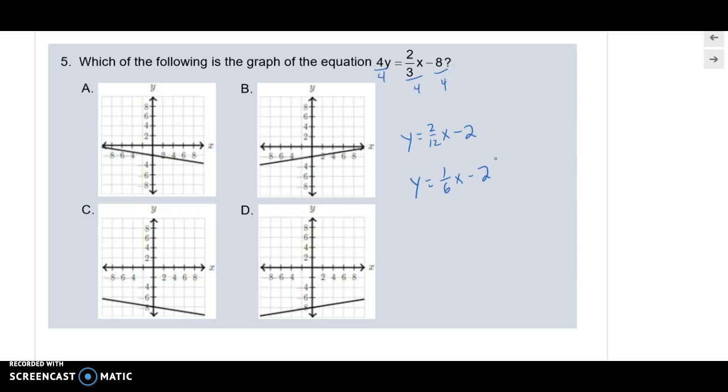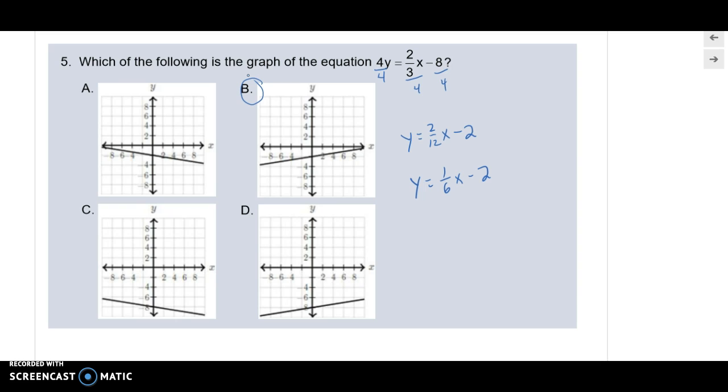Now, from there, I can tell that my slope is going to be positive, so my graph will be increasing as I go left to right. And I can tell that my y-intercept will be negative 2. Well, immediately, I know that the correct answer has to be B. That's the only one that has an increasing graph, a positive slope, and a y-intercept of negative 2.